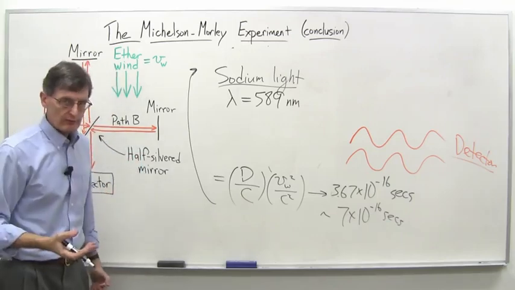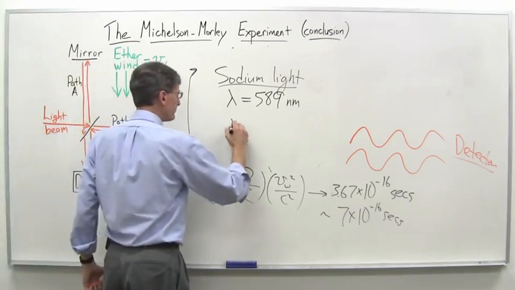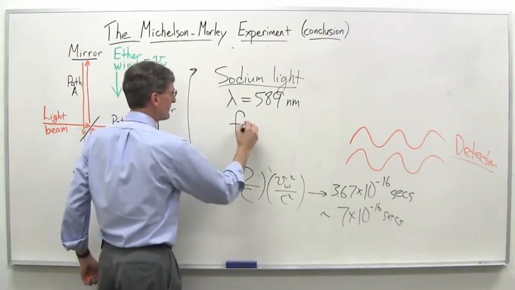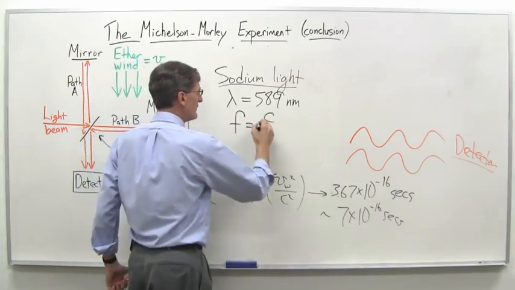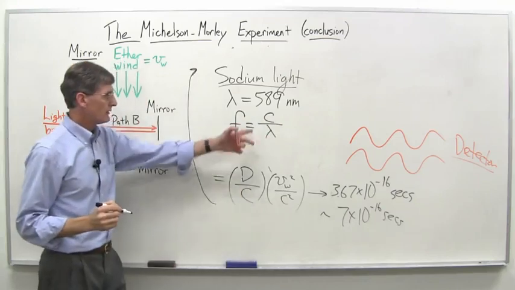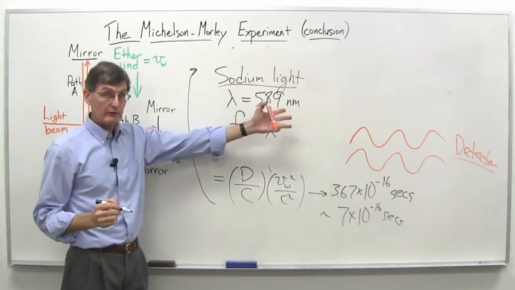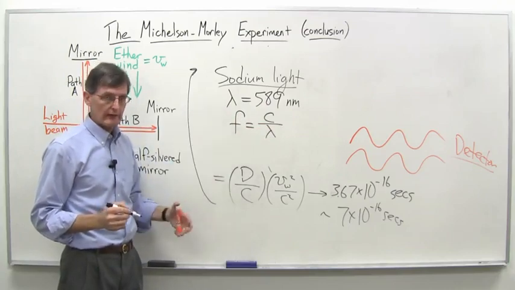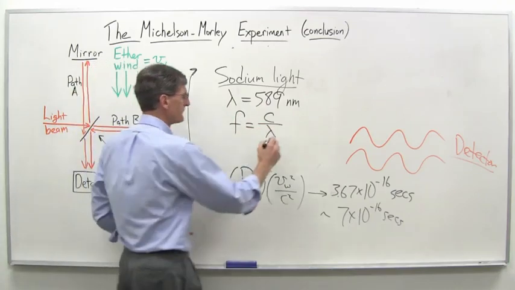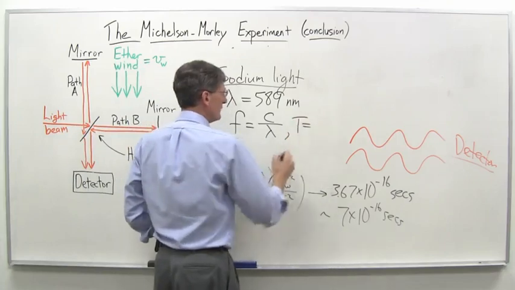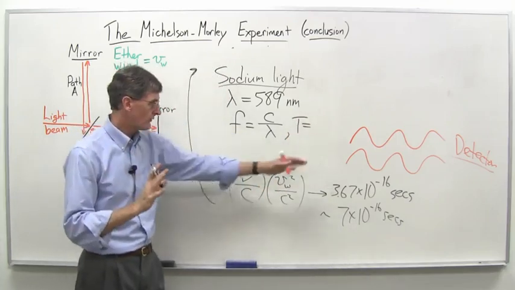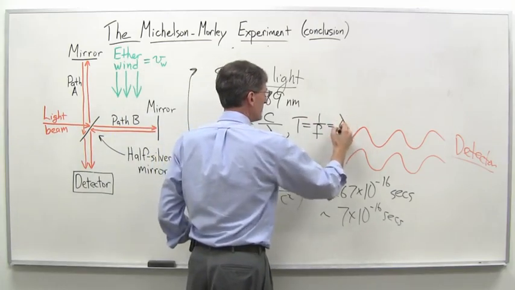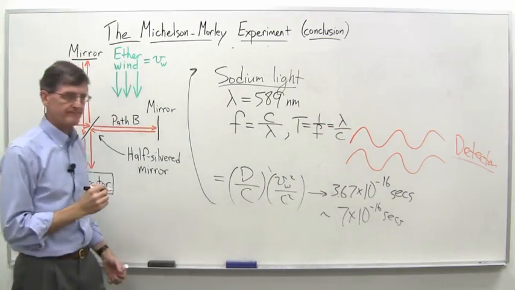And another equation we mentioned when we were talking about light, we used F for frequency. So F, the frequency of light, remember, is c over lambda. So given 589 nanometers, billionths of a meter, and the speed of light, we could figure out what frequency that sodium light represents. But also, we know the period, which is the time between the peaks of our waves here, is 1 over the frequency, which is lambda over c.